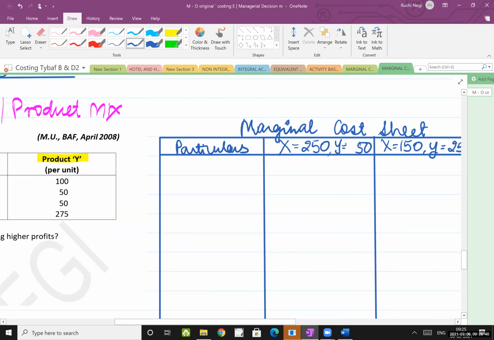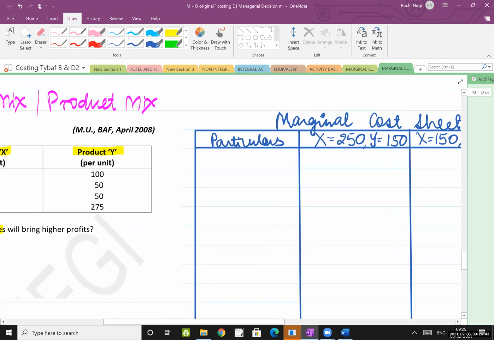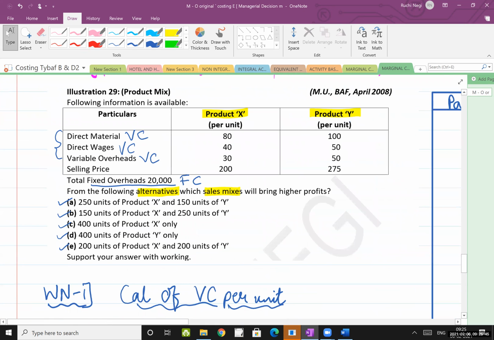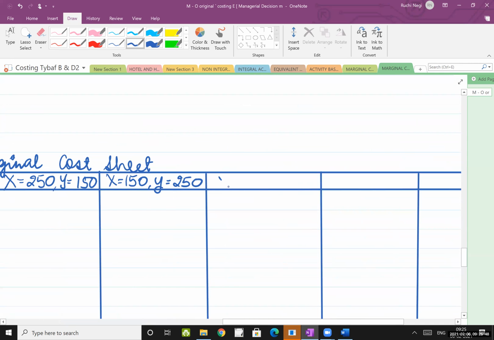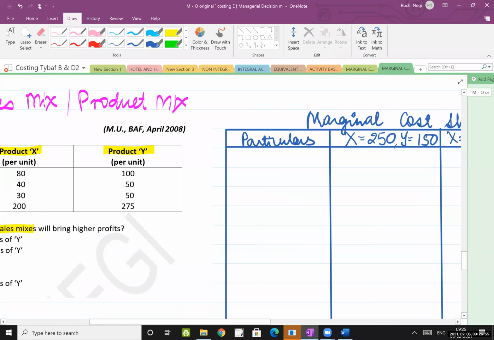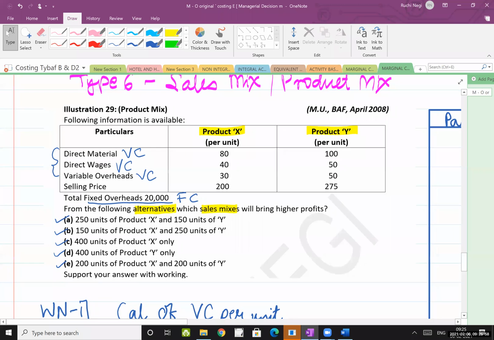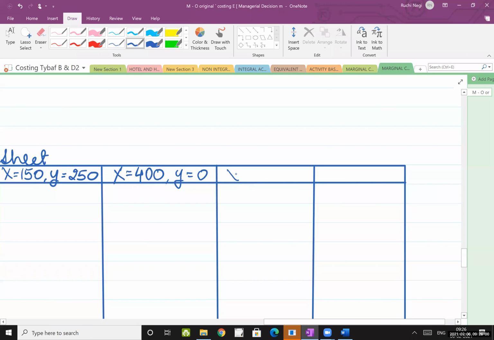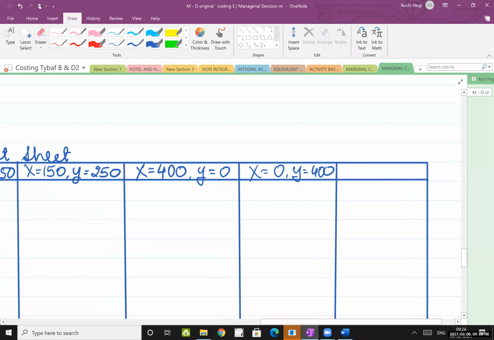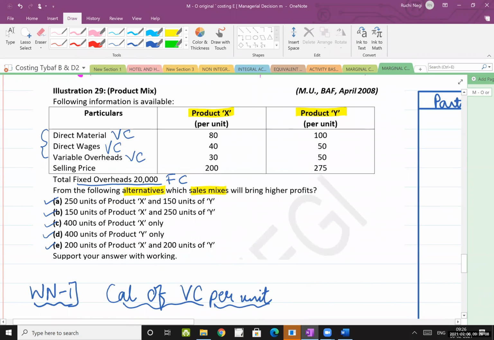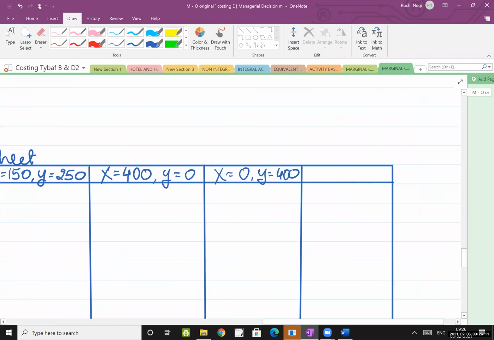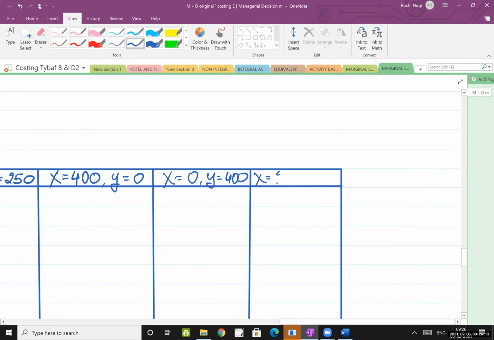Next, 400. X is 400, that means Y is 0. Then Y is 400, that means X is 0. These are quantities. And 200: X 200, Y also 200.